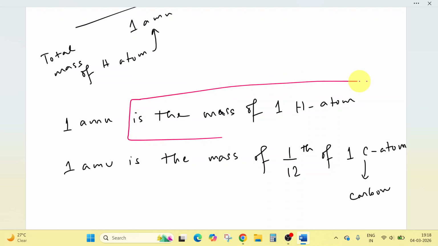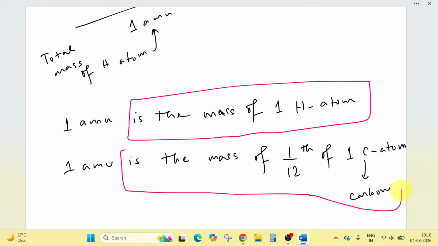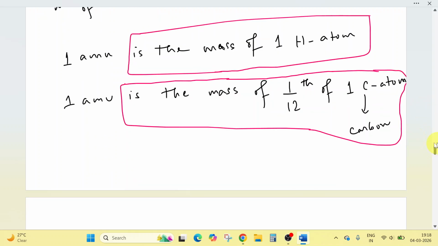Either you can write it is the mass of one hydrogen atom, or the mass of 1 by 12th of one carbon atom. There is no specific logic behind this, but that's how the scientists discovered it. You just have to remember these two ways. Okay, so that's it. One AMU.